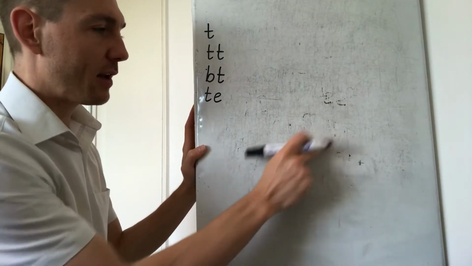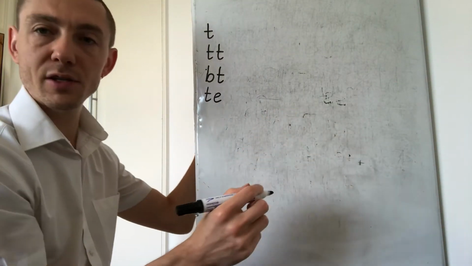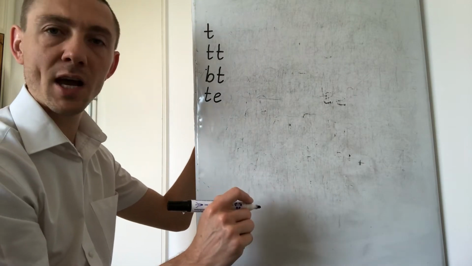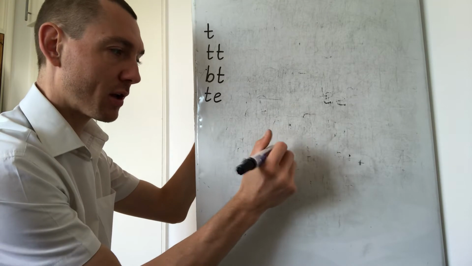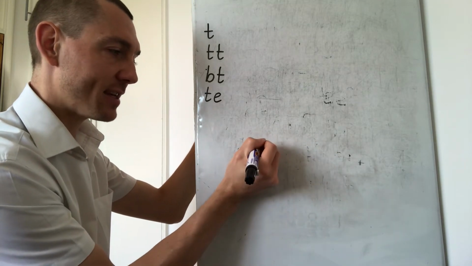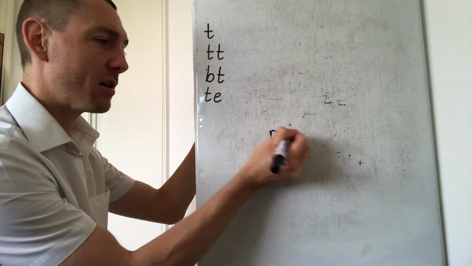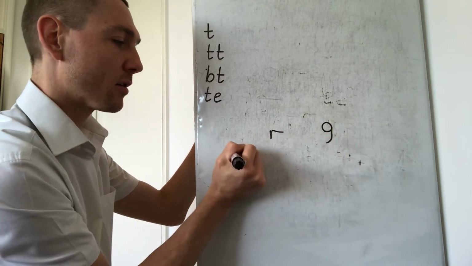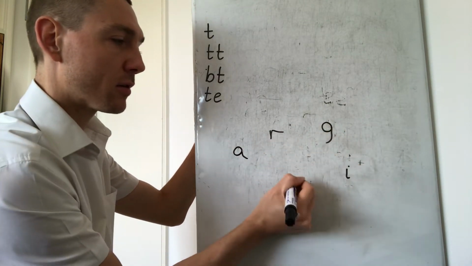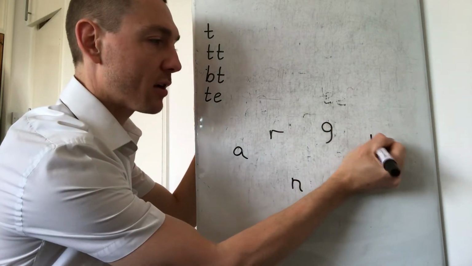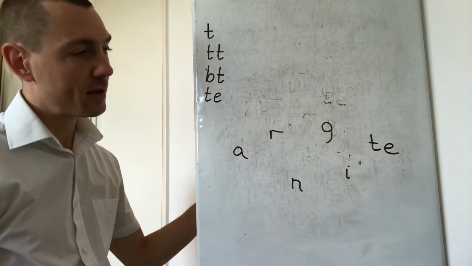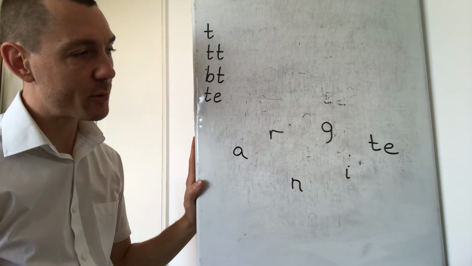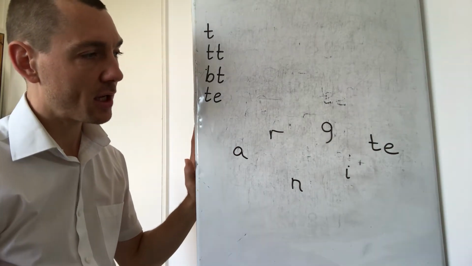Okay, last one before we move on. We're going to have a two-syllable word, and that's granite. Granite is a type of rock. Granite. And the sounds we need are here. Granite. Now, was this the t spelling you were expecting to see?